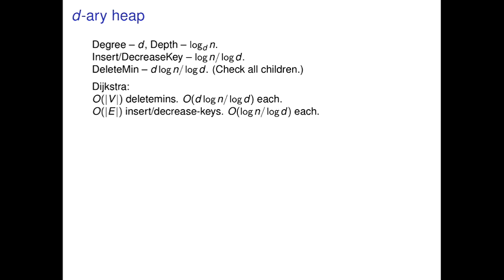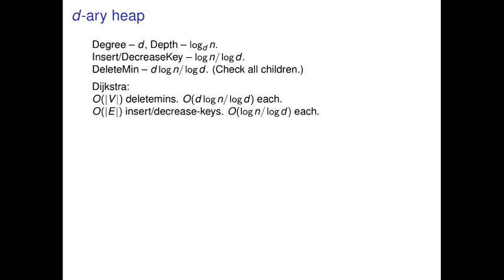Okay, so this is why you can do this trade-off. For a deeper tree, for a larger degree tree, the D here is bad for the delete mins, because you have to check all your children. You have to do more work. And you get a little bit of benefit from the depth, but D over log D is always bigger than 1, right?